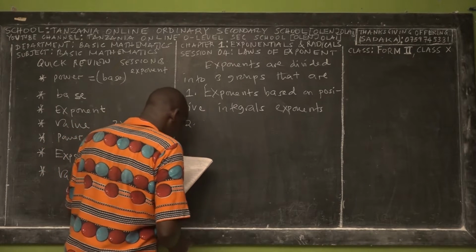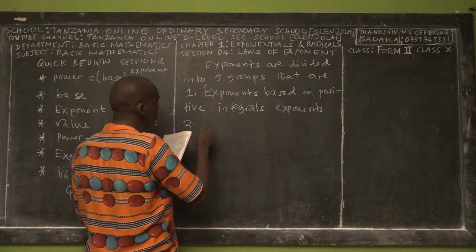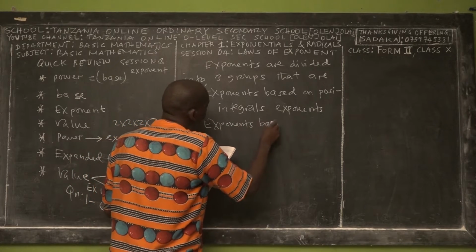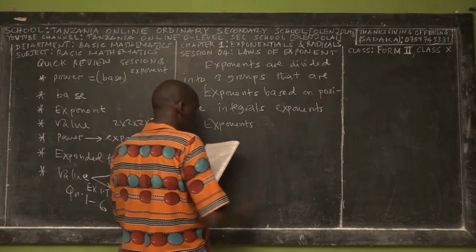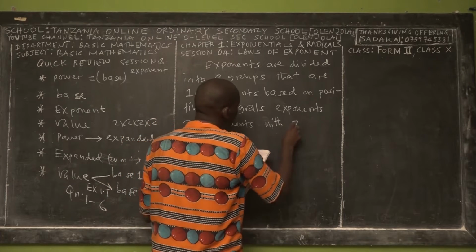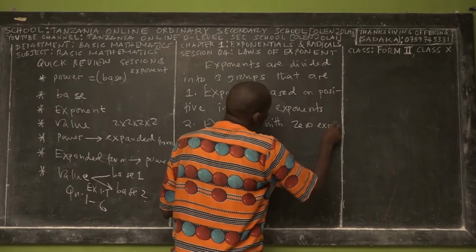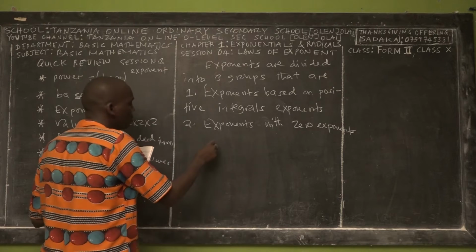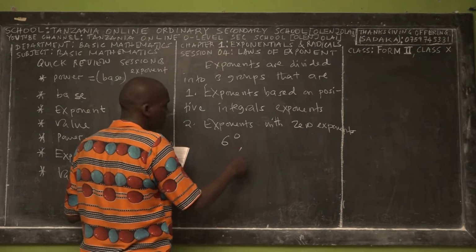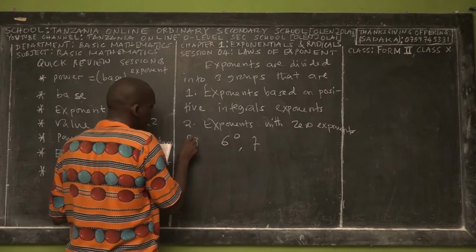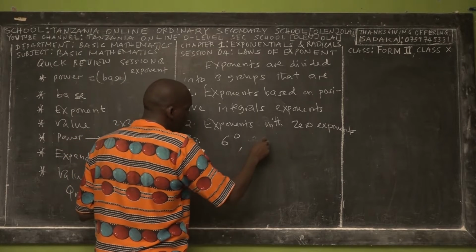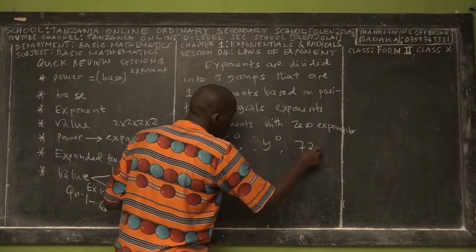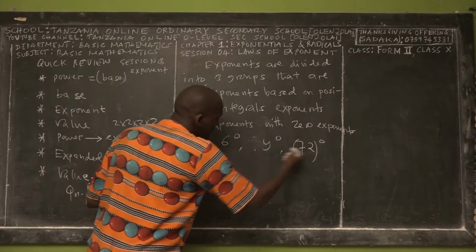Also, we have exponents with zero exponents. When you say zero exponents, for example, we have 6 power 0, or let's say y power 0, or 72 power 0. So this is what we mean.